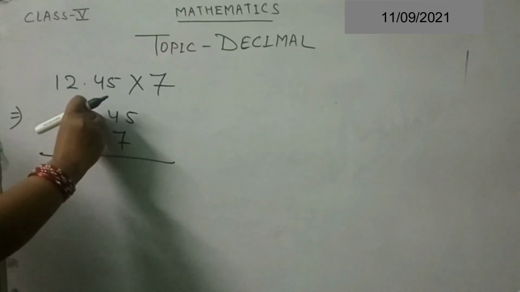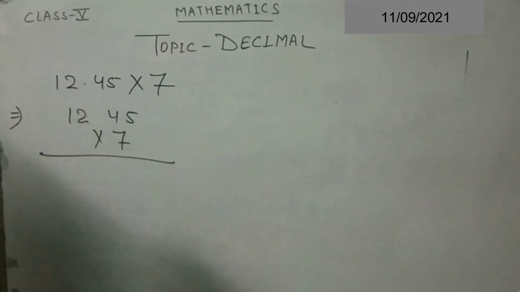Just ignore the decimal points and multiply like normal multiplication. Then bring the decimal points back for the answer. That means you have to count the number of digits after the decimal in each factor. And finally put the same number of digits behind the decimal in the product.